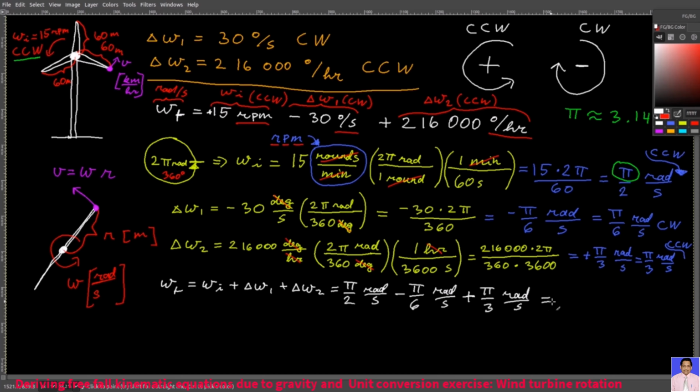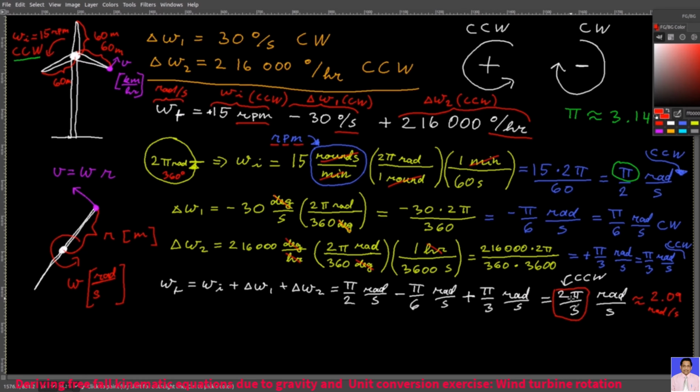And if you add them all up, you will have 2 pi over 3 radians per second. This number is positive because it ends up being counterclockwise. This number is approximately 2.09 radians per second. But again, it's better to keep this number in this form because then you will not lose the precision.